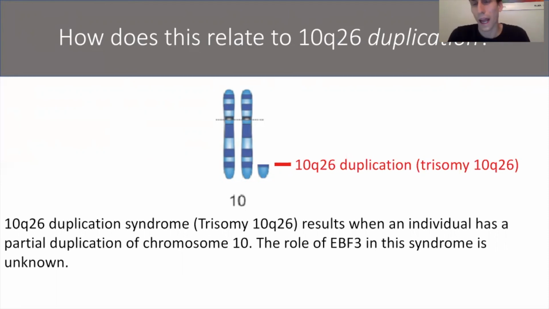We don't know what happens when we inherit an extra copy of just EBF3, and we don't know what contribution an extra copy of EBF3 makes to 10q26 duplication syndrome, because in most cases, 10q26 duplication includes far more genes than just EBF3 alone.